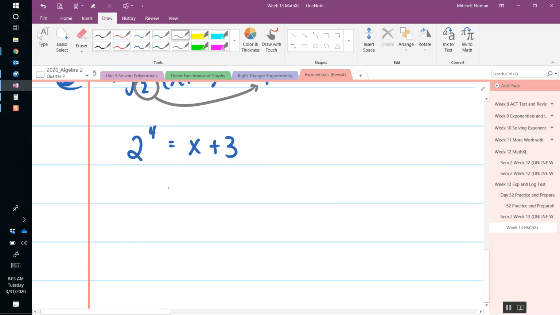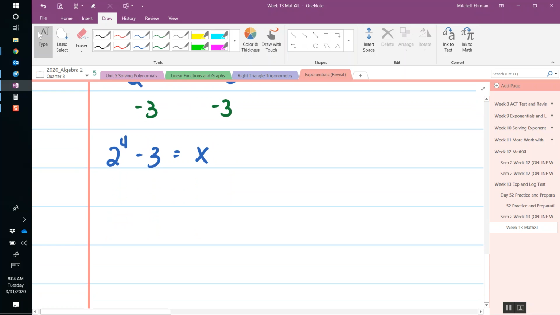And as long as we can figure out what that number is, mentally or with a calculator, we can take that number and then do with it what we need to get x by itself. In this case, to get x by itself, we'll simply subtract 3 from both sides. And what we're left with is whatever 2 to the 4th power is minus 3, and that's equal to x.